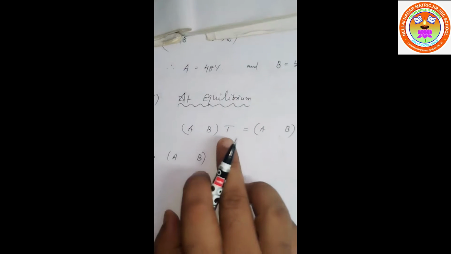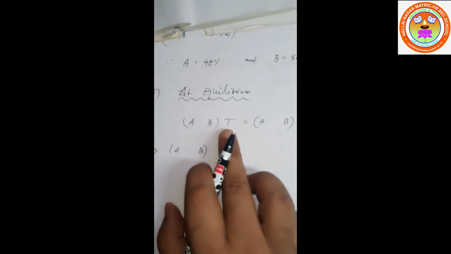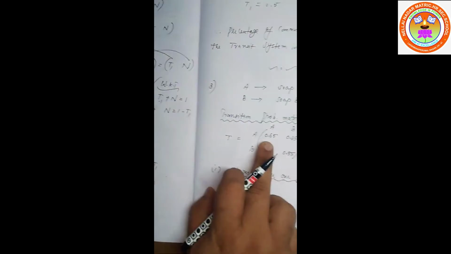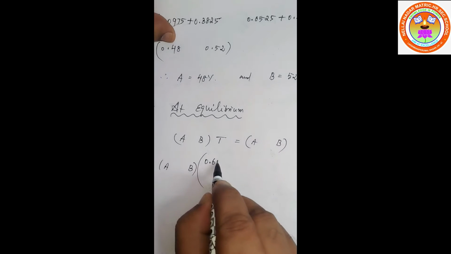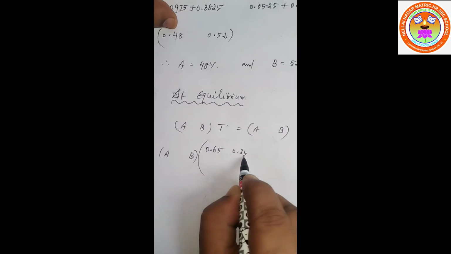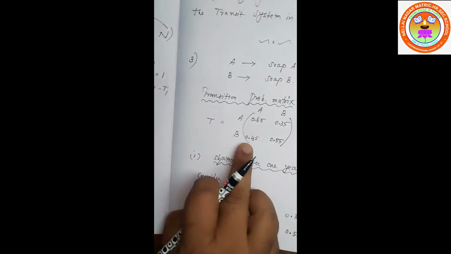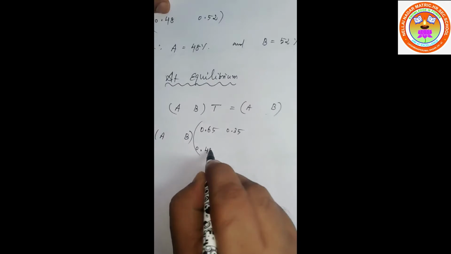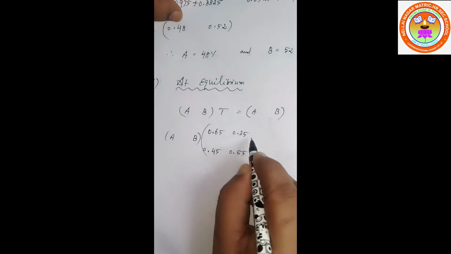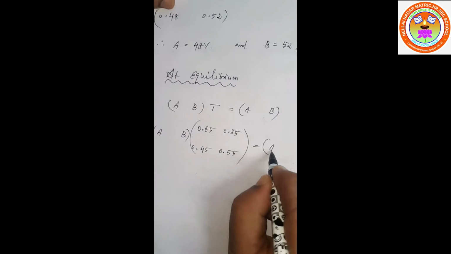No need to replace any values. Just replace the value of T alone. T is the transition probability matrix, here it is 0.65, 0.35, 0.45, 0.55.